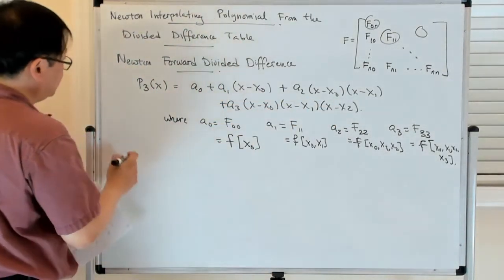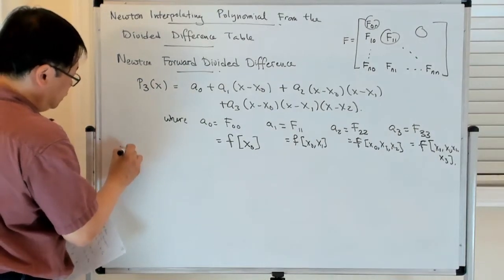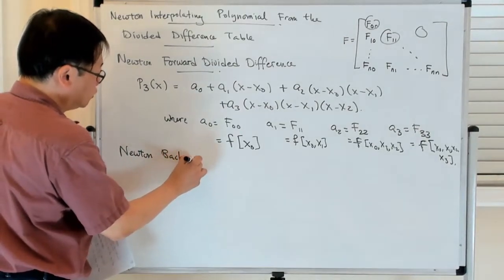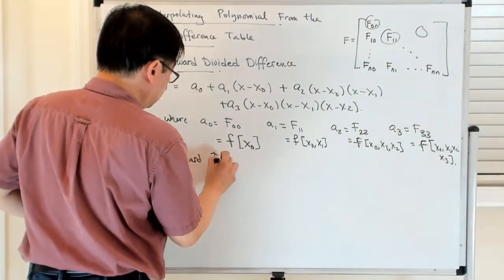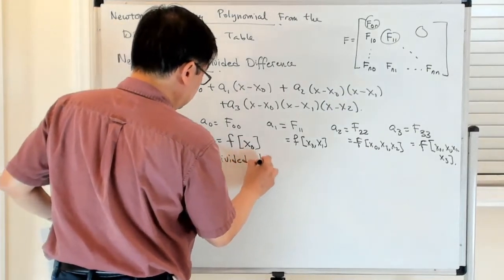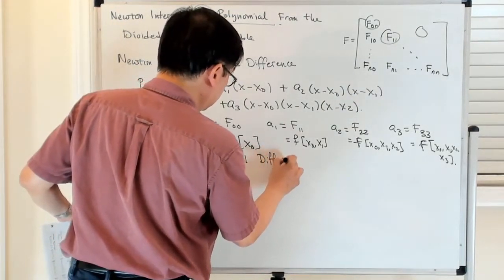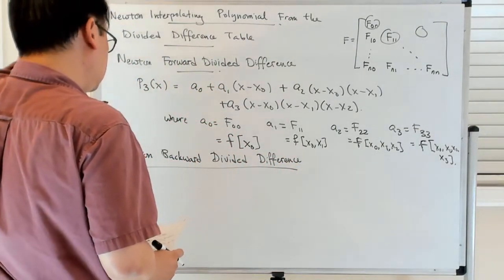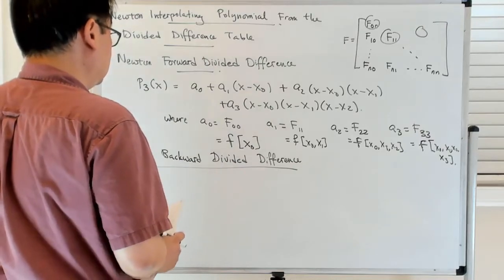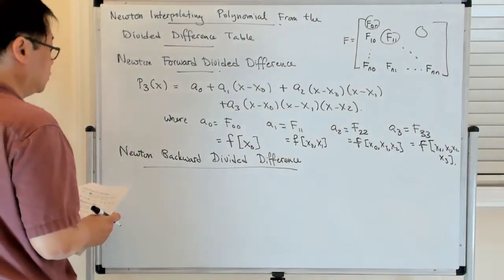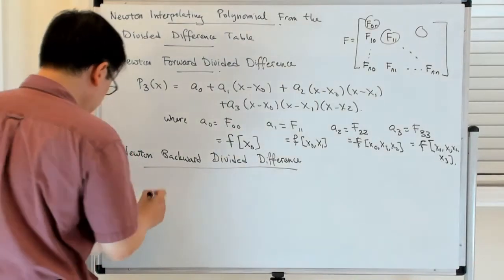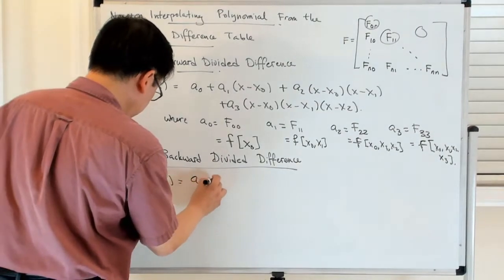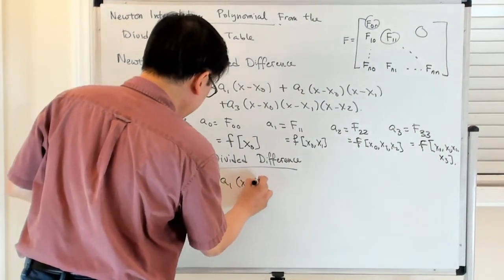There's also what is called the Newton backward divided difference, where I write P3(x) as a0 plus a1 (x minus x3), plus a2 (x minus x3)(x minus x2), plus a3 (x minus x3)(x minus x2)(x minus x1).